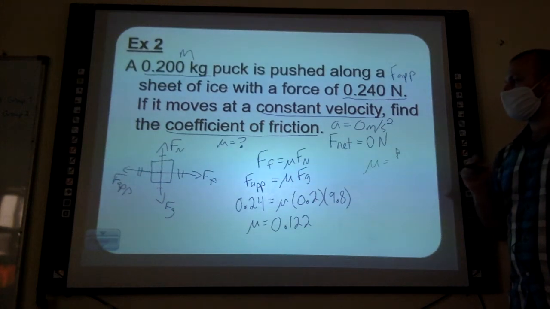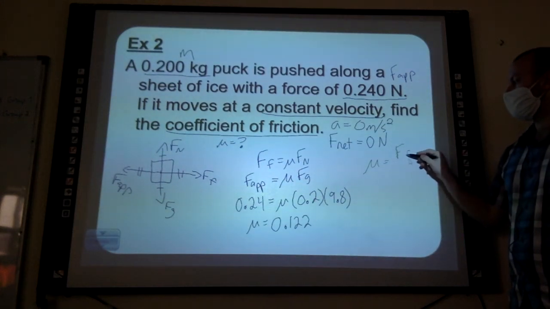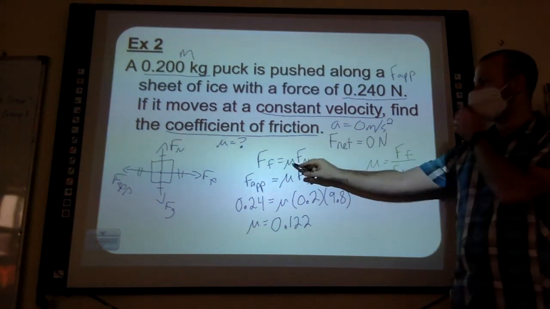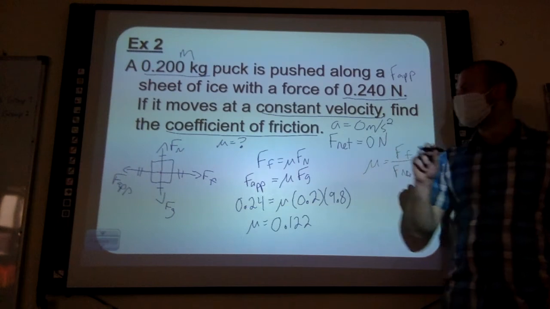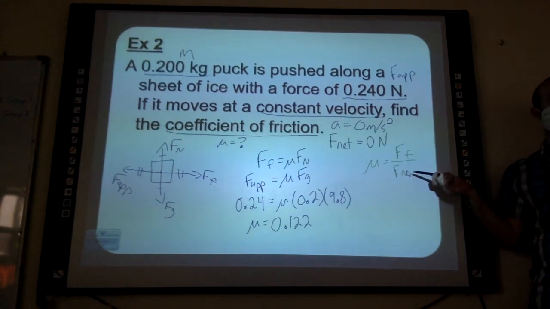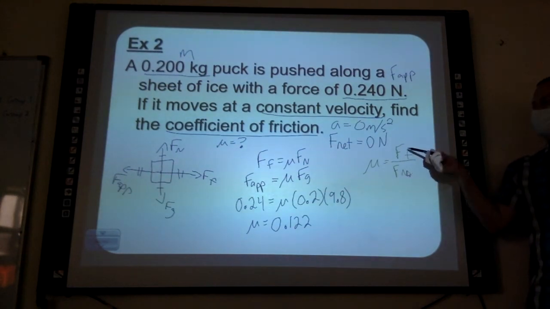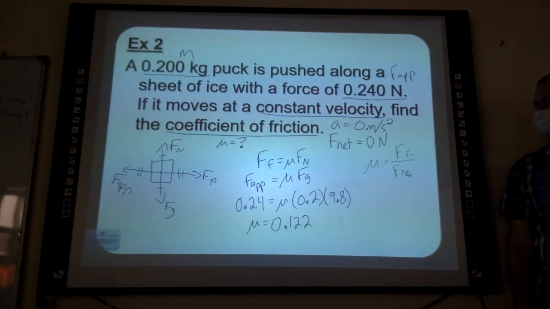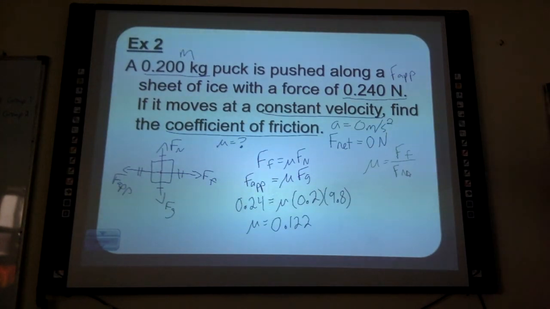Yeah, so force of friction divided by force normal. So if I wanted to solve for mu, I just divide Fn onto this side. What's the unit of force of friction? Newtons. What's the unit of force normal? Newtons. So newtons divided by newtons cancel out. So that's where it comes from.